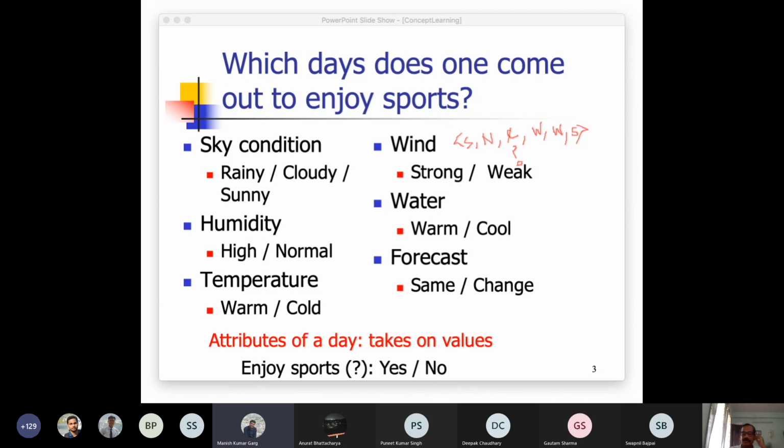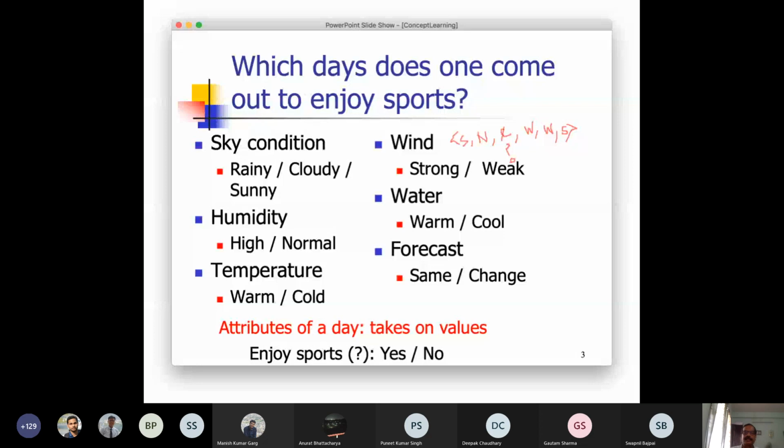So the question I asked was: how many records, how many combinations are there where it will be true? Sir, 2 records. 2 records, right? Say suppose this is also a question mark, this is also don't care.